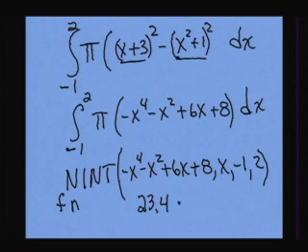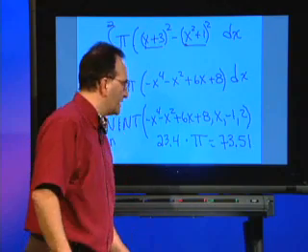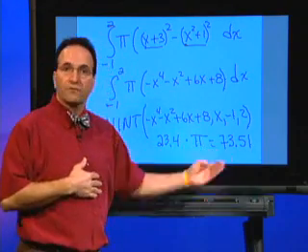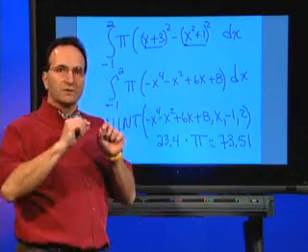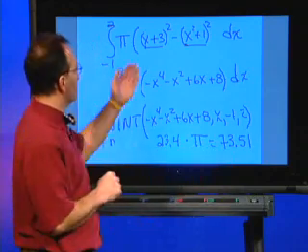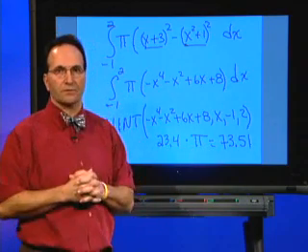But then I have to multiply that by the pi, which I have not included in my nInt, and we'll get an answer that's equal to 73.51. And that would be then the cubic units for that volume, which had a cross-sectional area of a washer, using the formula of pi times capital R squared minus little r squared.